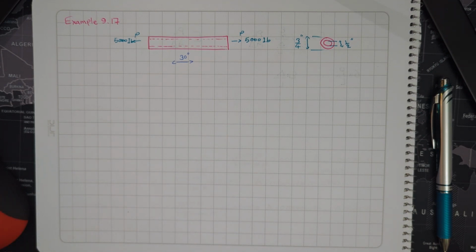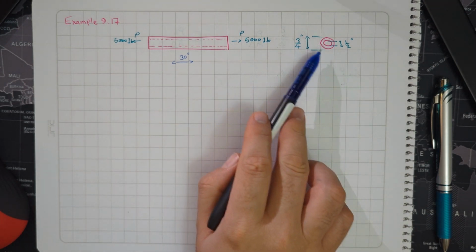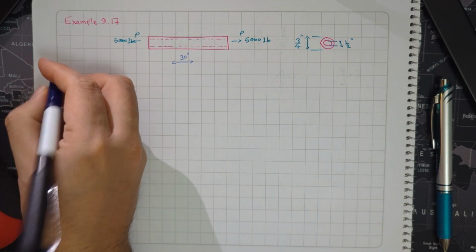All right, so the cross section of the hollow area is calculated using this.